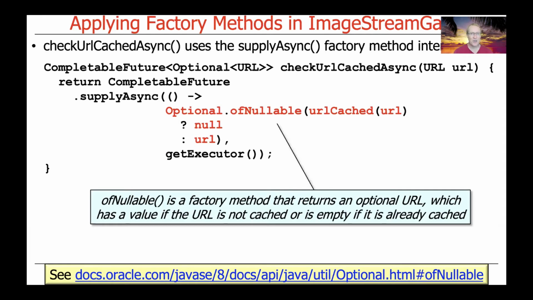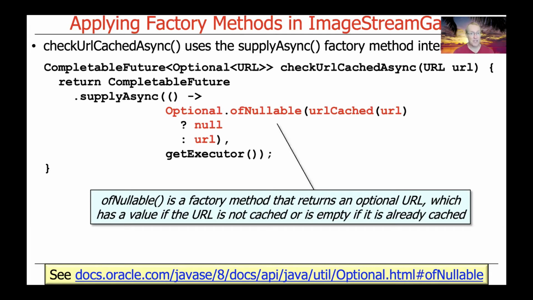You can see this is just a good old lambda expression. And what it does is it uses something called ofNullable. And what ofNullable is going to do is take the result that comes to it as a parameter from this call to URL cached. So URL cached, as we'll see, is a little helper method that's going to check to see if we've already downloaded and processed, transformed, and stored this URL earlier.